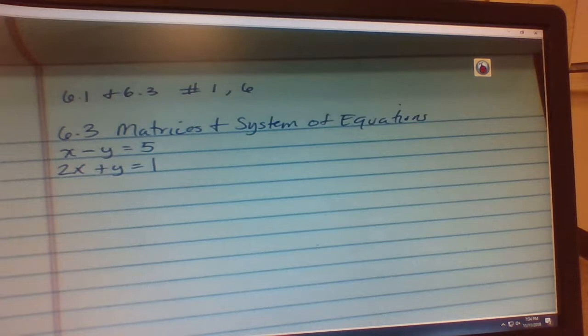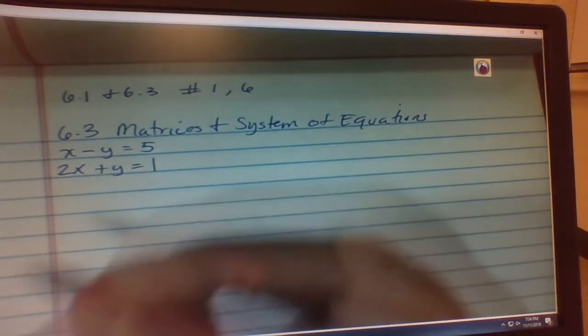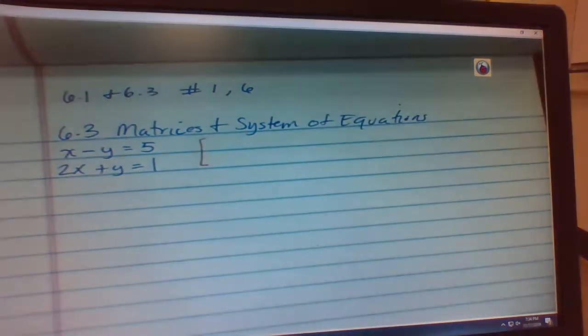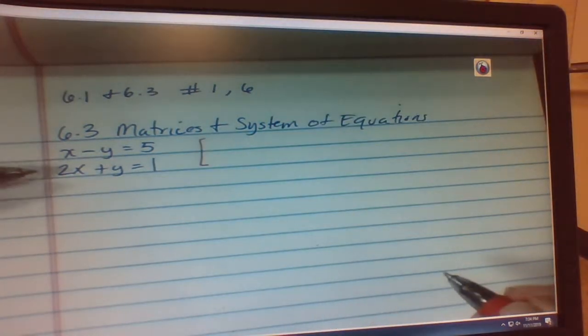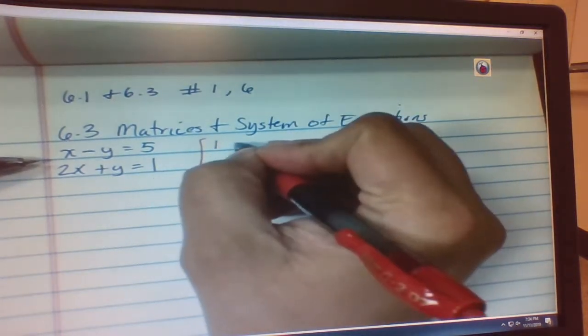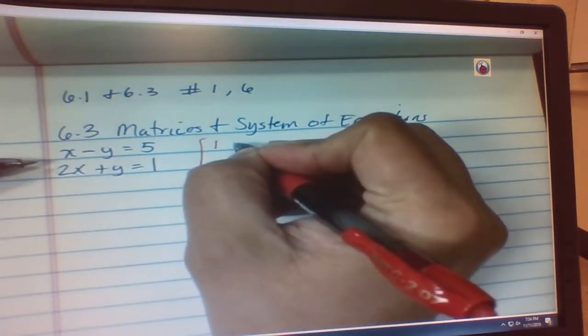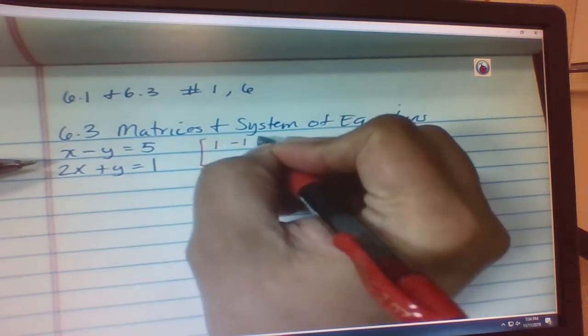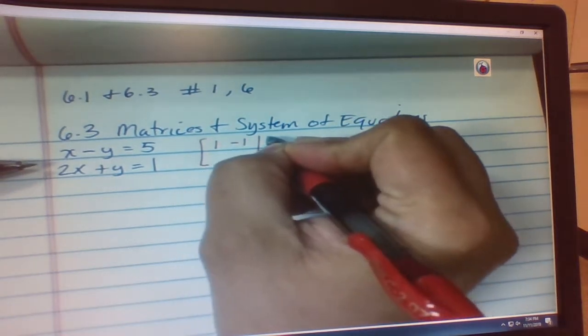When you do that, the only thing you care about is your coefficients. Your coefficients are the numbers in front of the variable. So the number in front of x is 1, a little space, the number in front of y is -1, and the number that it's equal to is 5.